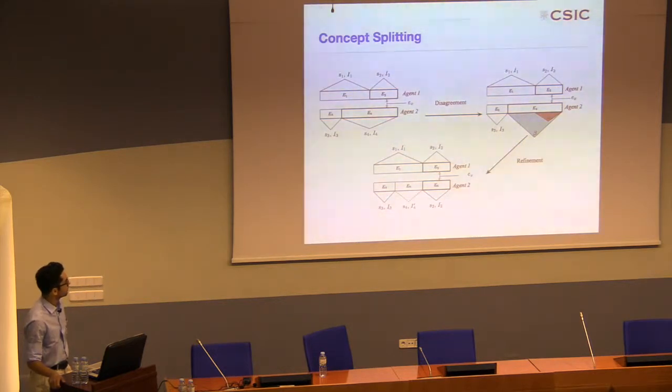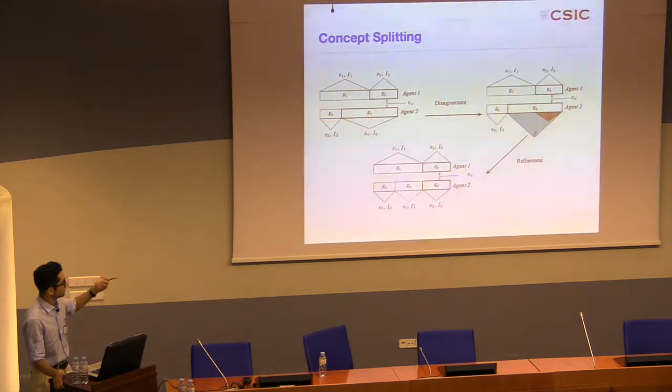So what happened? Agent 2 asks for the intentional definition E2 from agent A1, and when he gets it, he sees that the intentional definition is covering something inside his own intentional definition I4.